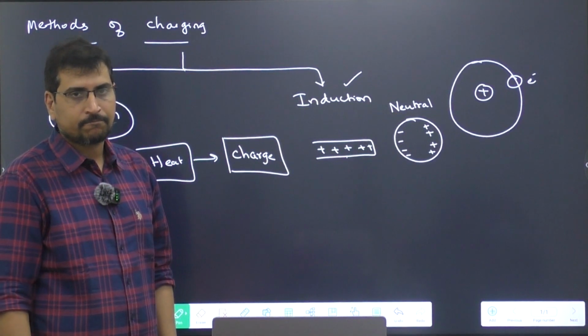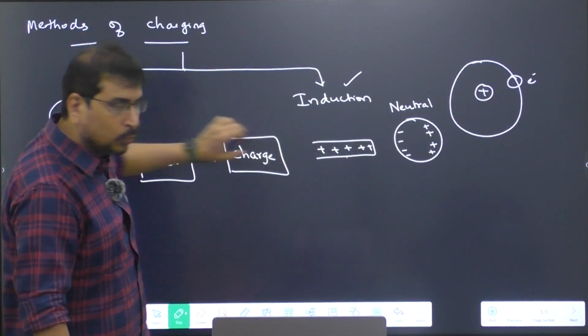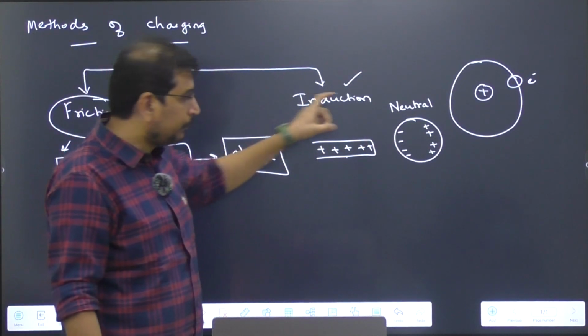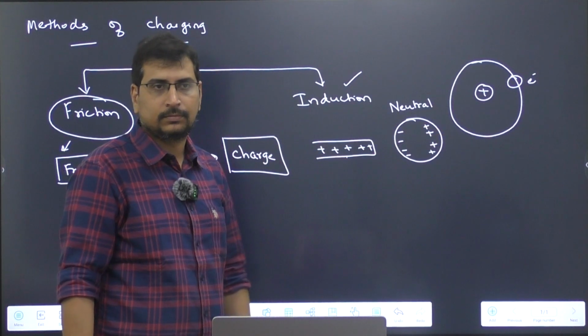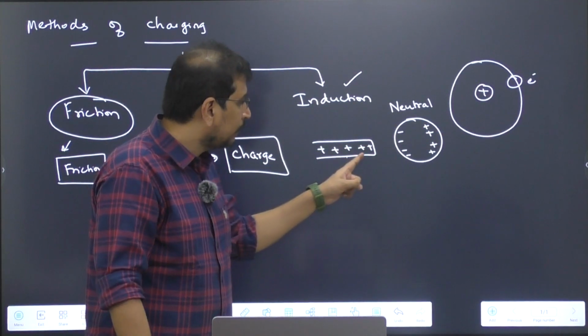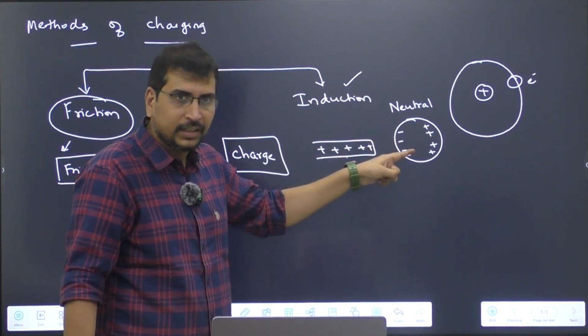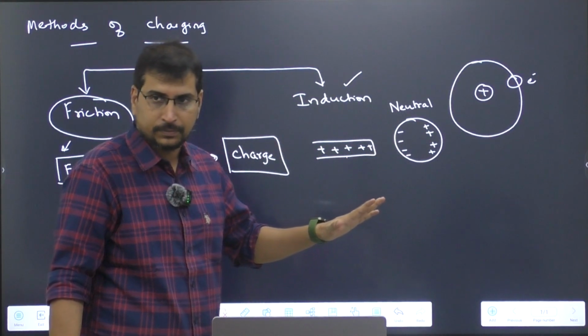Why? Because if you move this away, using the additive nature of charges, this material is still neutral. If I move this away again, the material is still going to be neutral. I cannot call it charged.